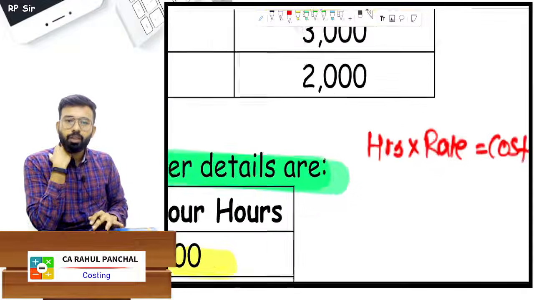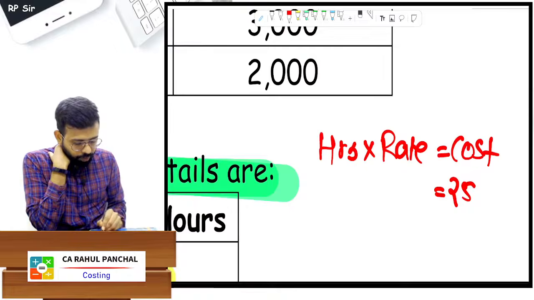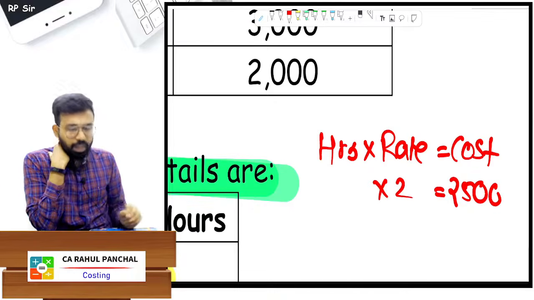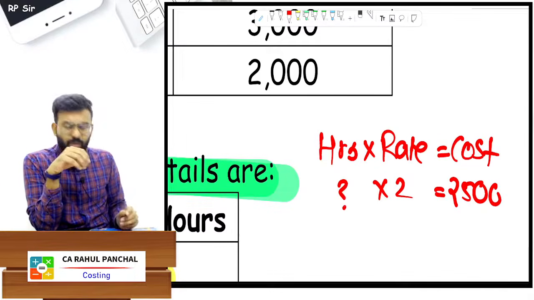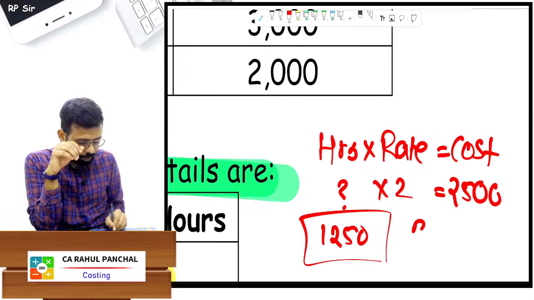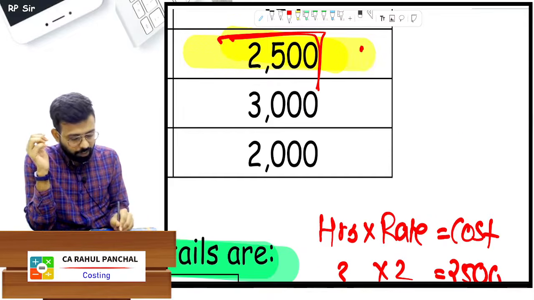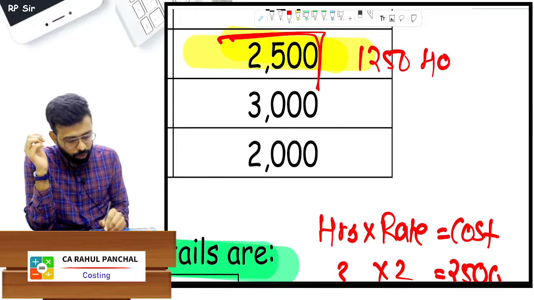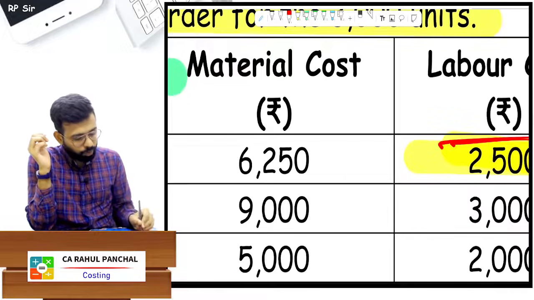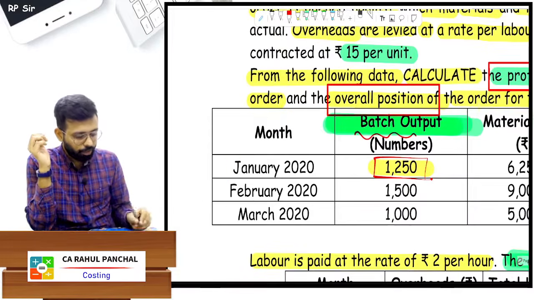Workers have got 2,500 rupees and are paid at the rate of rupees 2, so they must have worked 2,500 divided by 2, which is 1250 hours, for producing 1250 units in the month of Jan.